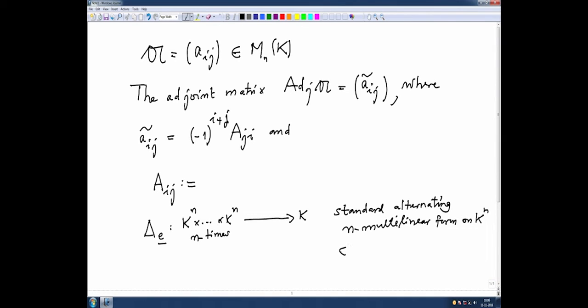So this is an element in Alt_n(k power n), and this is one dimensional. That is the most important fact we have been using in this.